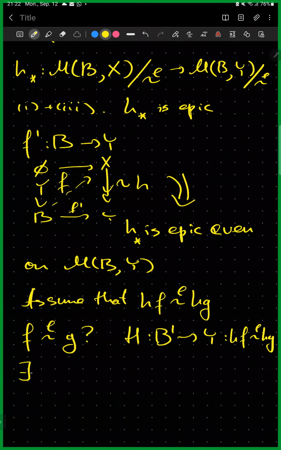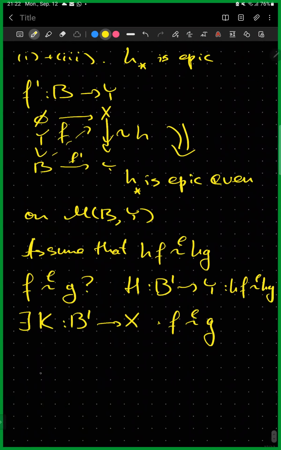Then there exists K, which goes from B prime to X, and which is a left homotopy between F and G, and it is constructed from the following diagram. So we have an inclusion of the two bottoms of the cylinder into the cylinder.